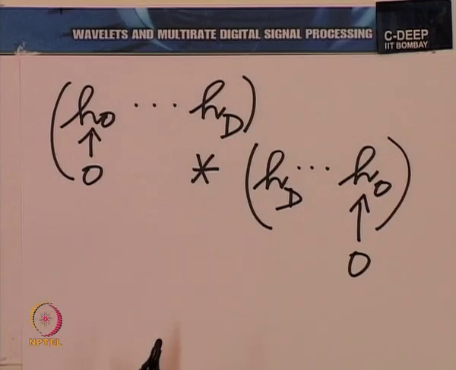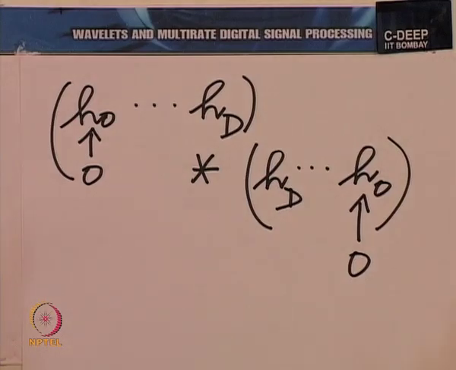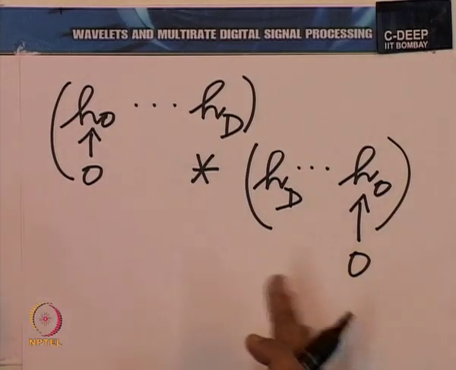Now, how do you convolve? Well, these are of equal length, so I could choose either of them as the static one and the other one as the moving one. So, just for convenience, the sequence which we started with, the one corresponding to H0, we shall keep as the static sequence, and the one corresponding to H0(z inverse) we shall make move.